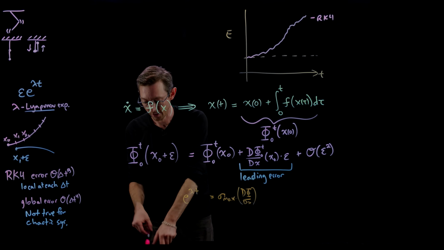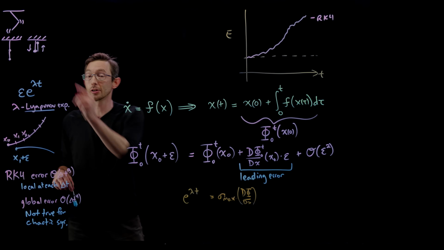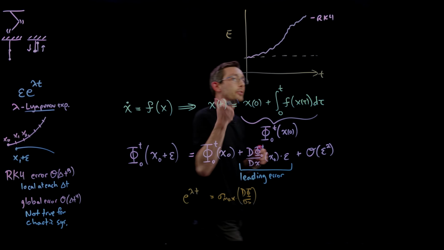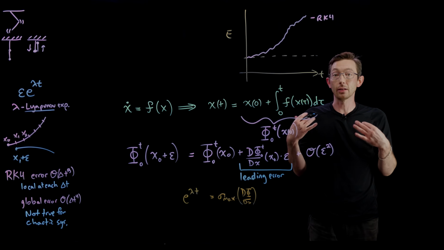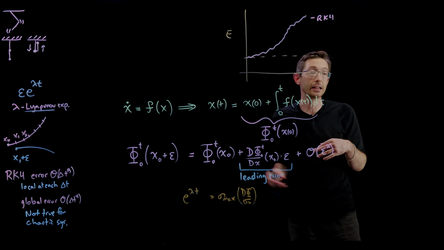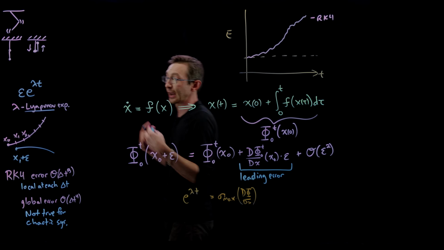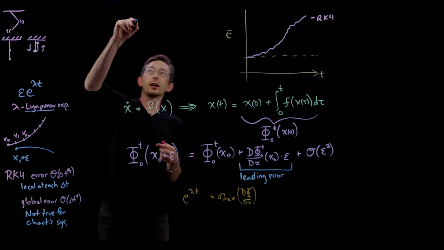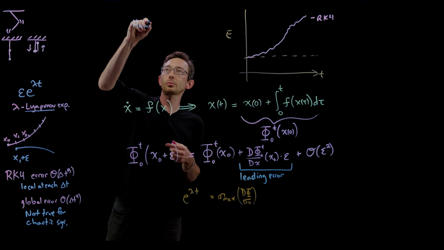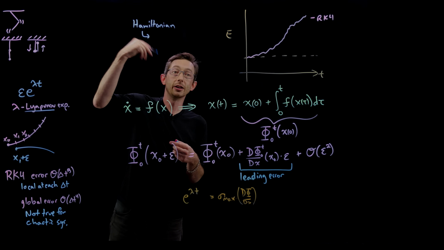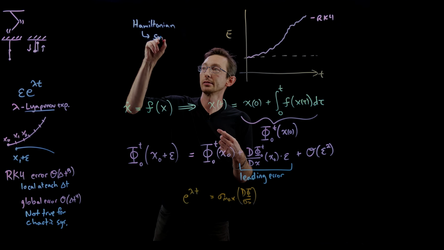I feel violated when I integrate a system that should be conservative with an RK scheme, and you should too. And so there are better numerical algorithms for integrating these kinds of chaotic systems if there's that additional structure. If we know that our system is Hamiltonian, so for Hamiltonian systems, there are integrators called symplectic integrators, symplectic.